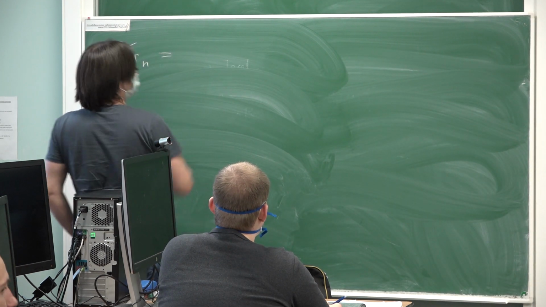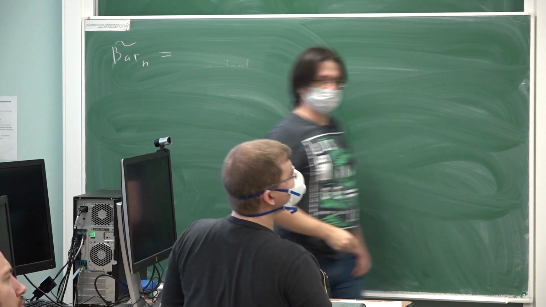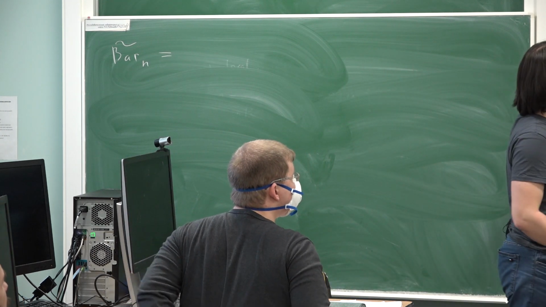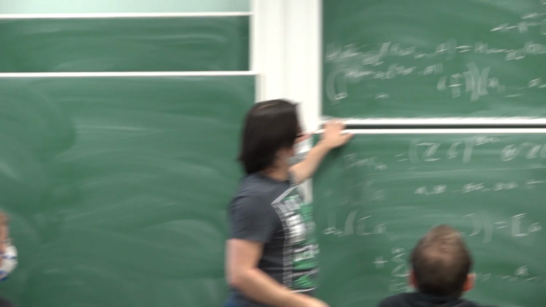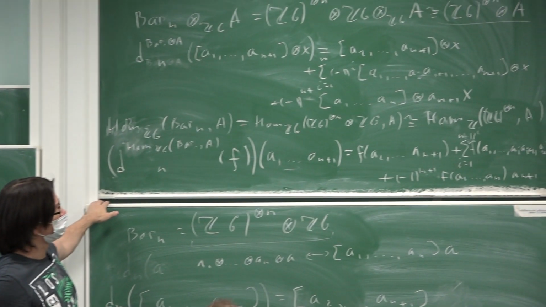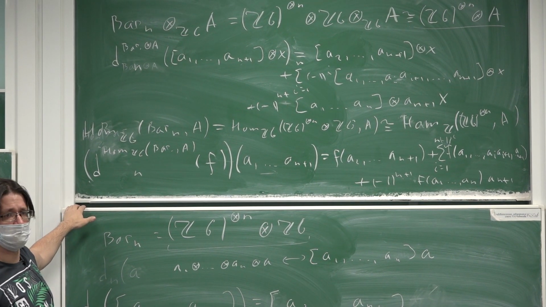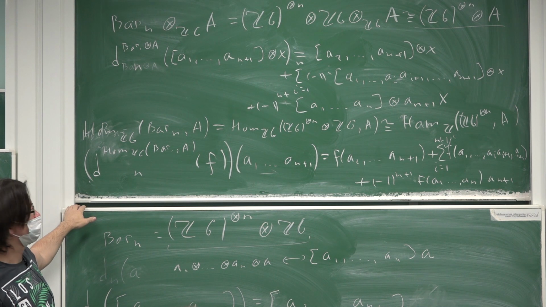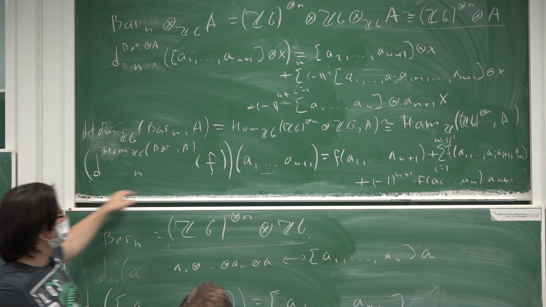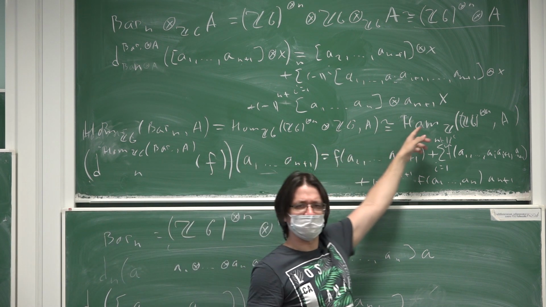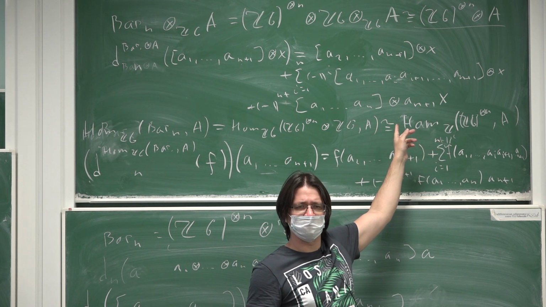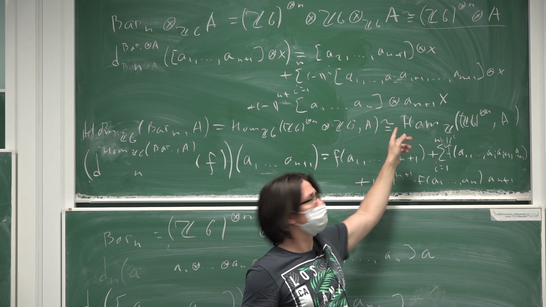So what is the Hom going through? Why is this an isomorphism of Homs? Why is it true?